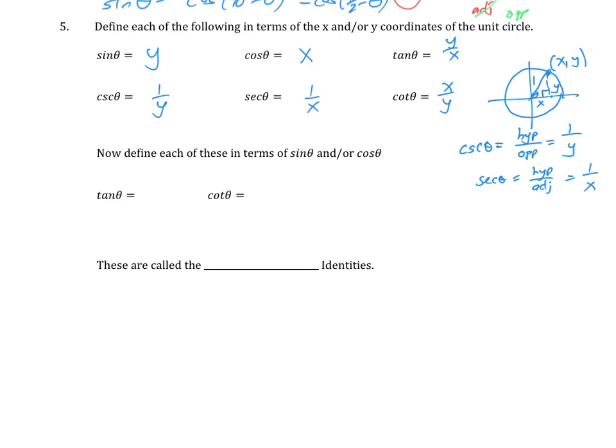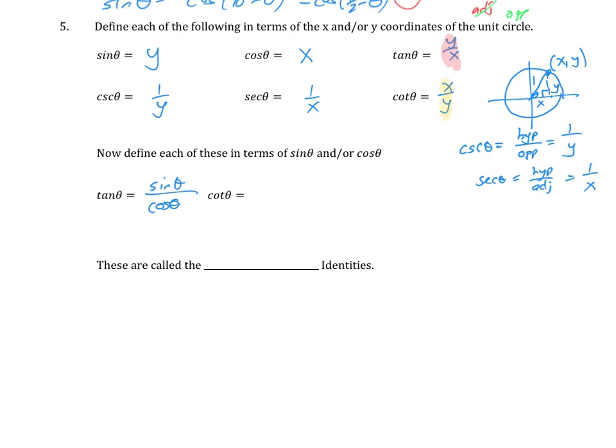So tangent theta, when we were working before, we said it was y over x for the unit circle, but instead of y and x, we can use the other trig ratios. So instead of y, we can write sine theta, and instead of x, we can write cosine theta. And that is a new trig identity. The same thing with cotangent theta.